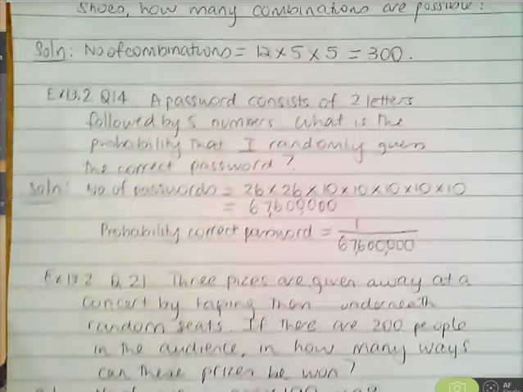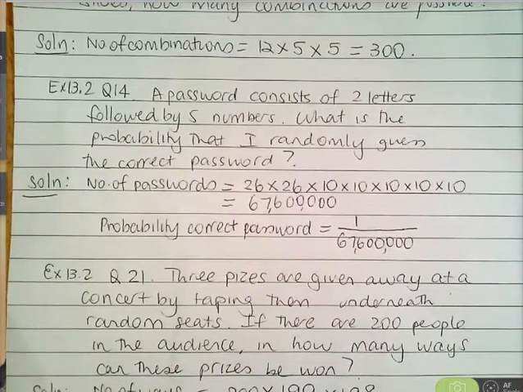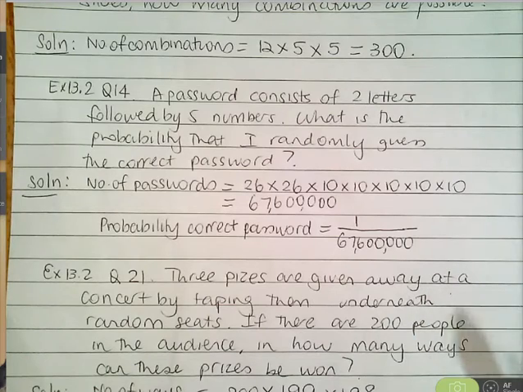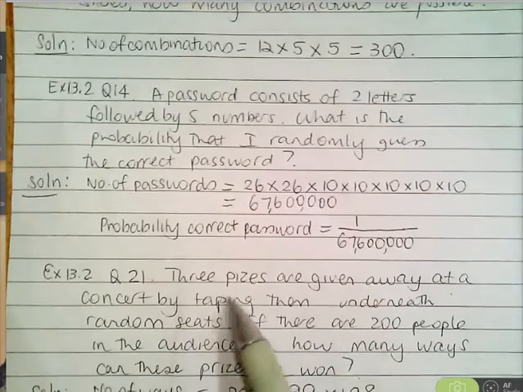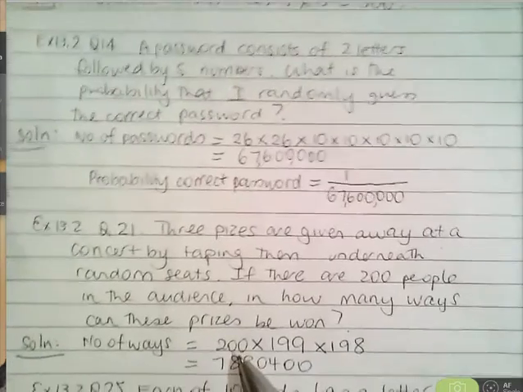Okay. Now for question 21 in the same exercise, we've got that 3 prizes are given away at a concert by taping the tickets underneath random seats. If there are 200 people in the audience, how many ways can these prizes be won? Remember, there are 3 prizes that are given. So therefore, for the number of ways, there will be 200 choices for first prize, because there are 200 people.